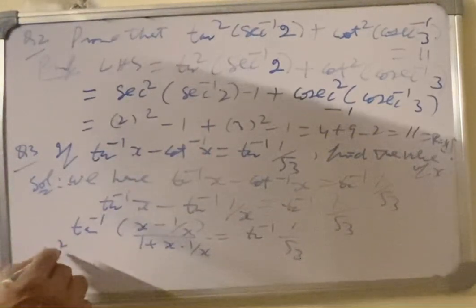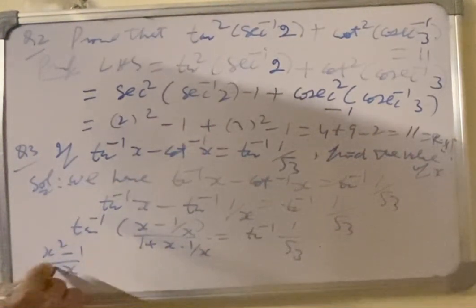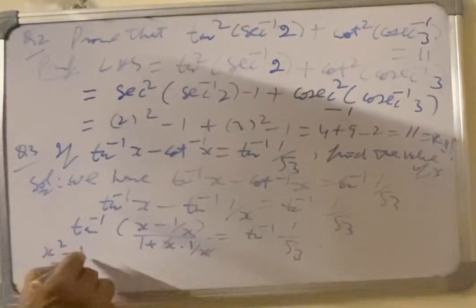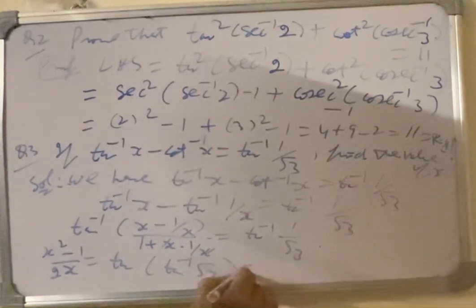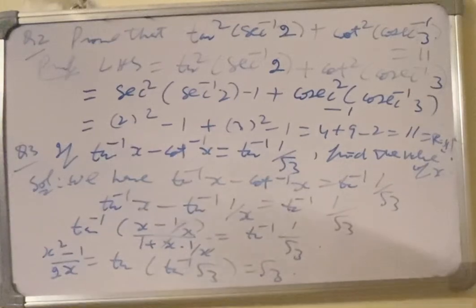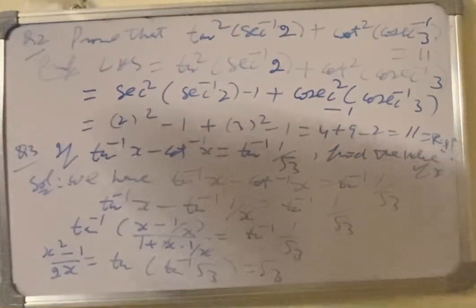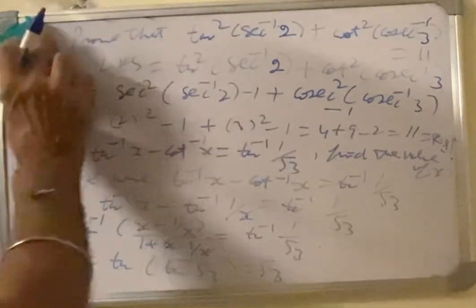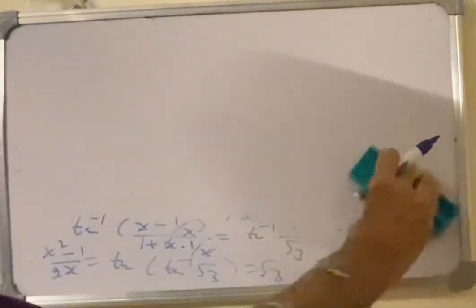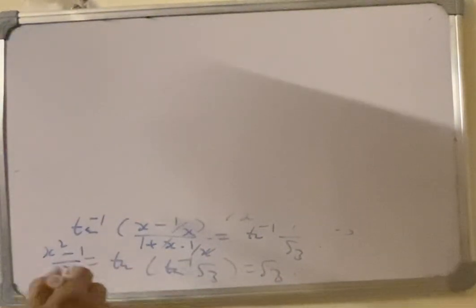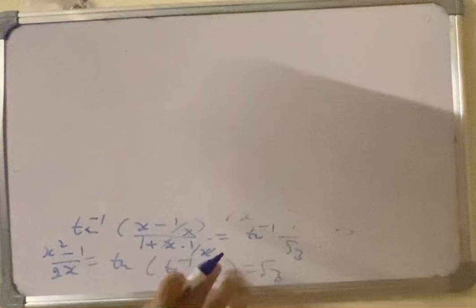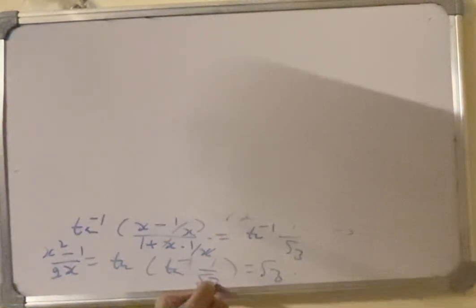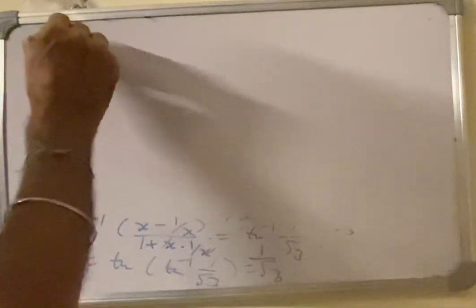So x squared minus 1 over x over 2x is equal to tan of tan inverse 1 over square root 3, which is equal to 1 over square root 3. Then we cross multiply.